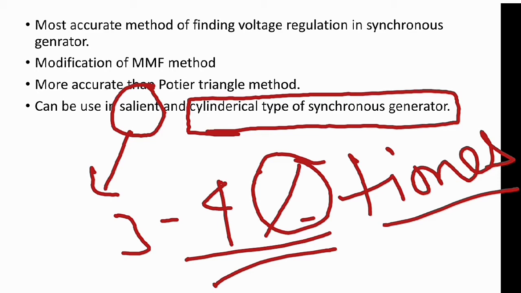So through the ASA method we calculate the voltage regulation of the salient pole type synchronous generator.